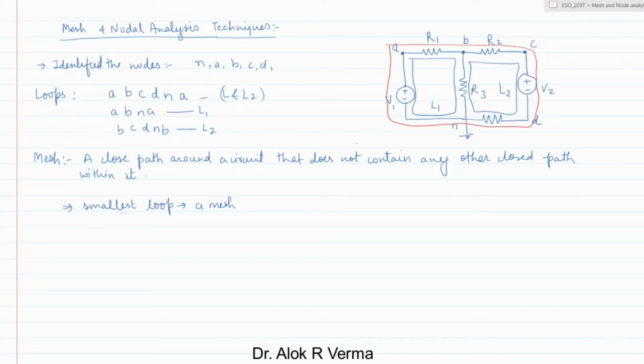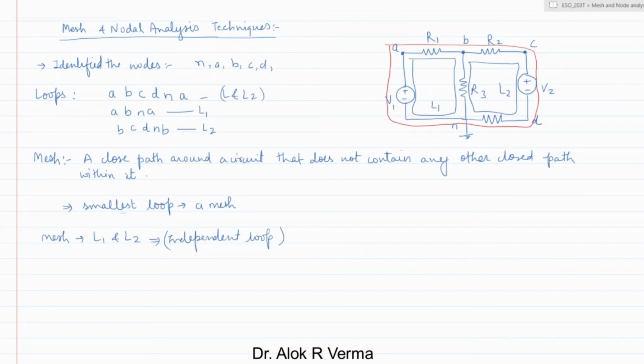So in the above example, the meshes are L1 and L2, basically the independent loops. These are the meshes. Is that clear? Now moving to the next part.